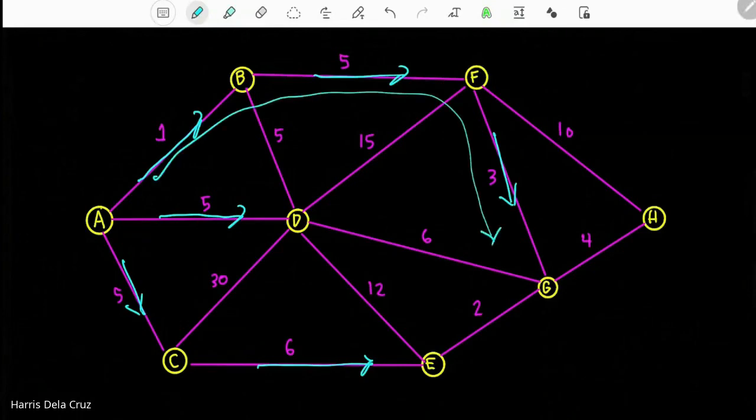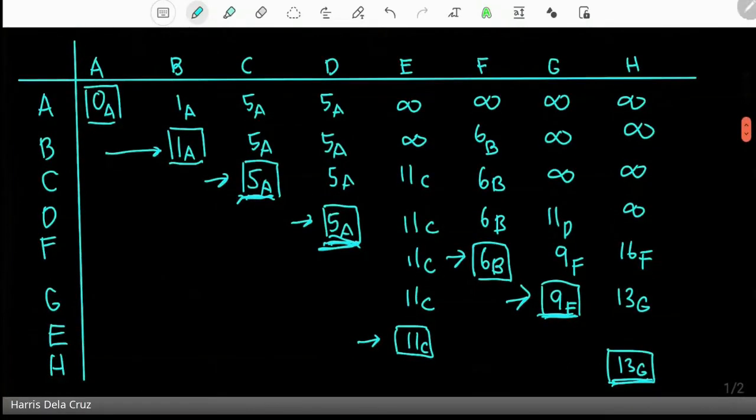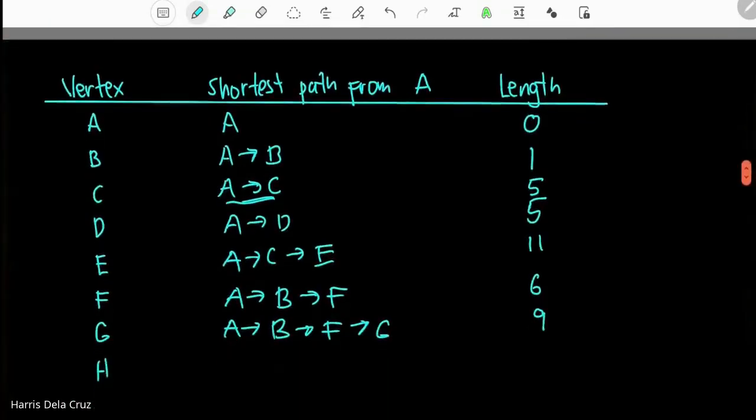And finally, the shortest path from A to H is 13G, meaning from G, you go directly to H, for a length of 13.